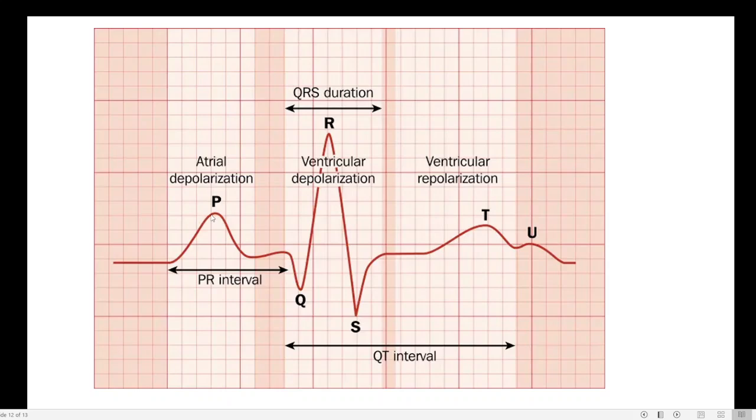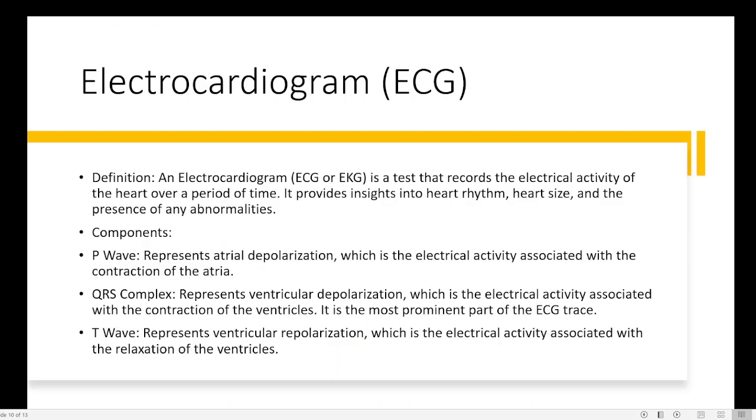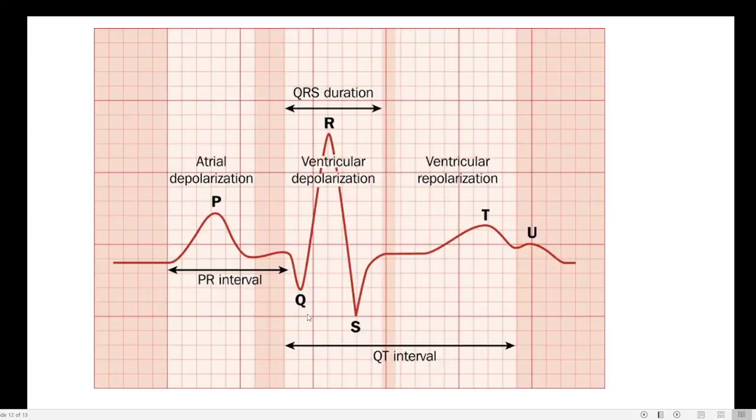Now that is the significance of the P wave. The second wave is the QRS complex, which represents ventricular depolarization, the electrical activity associated with the contraction of the ventricle. So when your ventricles are contracting, the second wave will be produced in your body, and it is the result of ventricular depolarization.